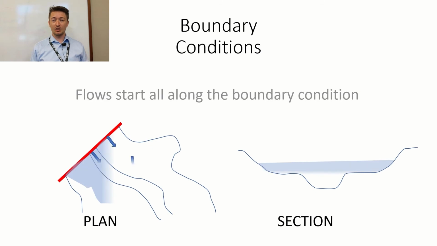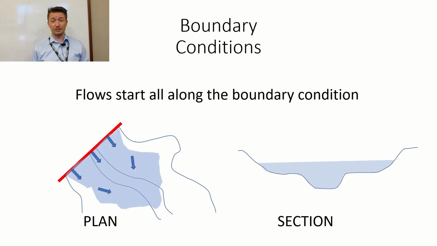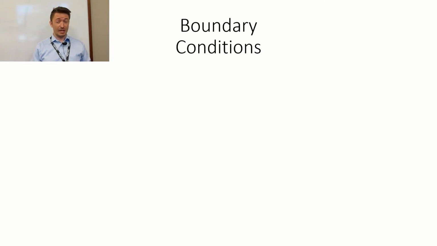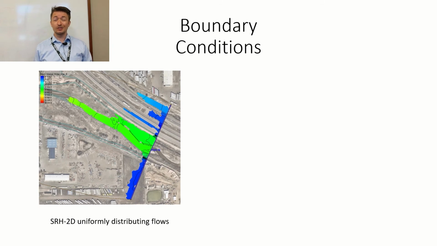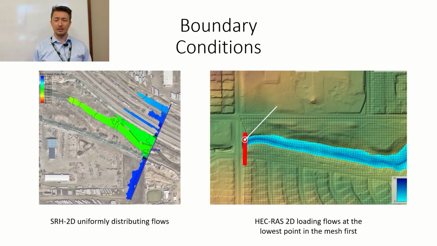It goes back to getting results you can trust. SRH2D via SMS, for instance, assumes you want the flows evenly distributed across the line. This is okay if your boundary condition matches the width of the flow that you're modeling, but if your line is too wide, you'll be showing water in the overbank where there should be none.